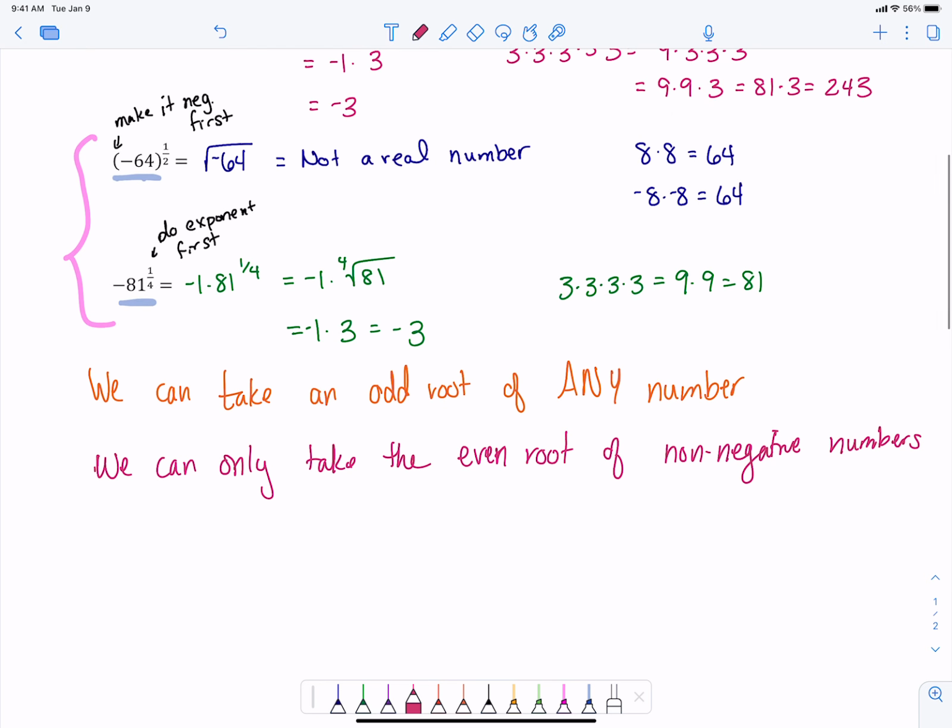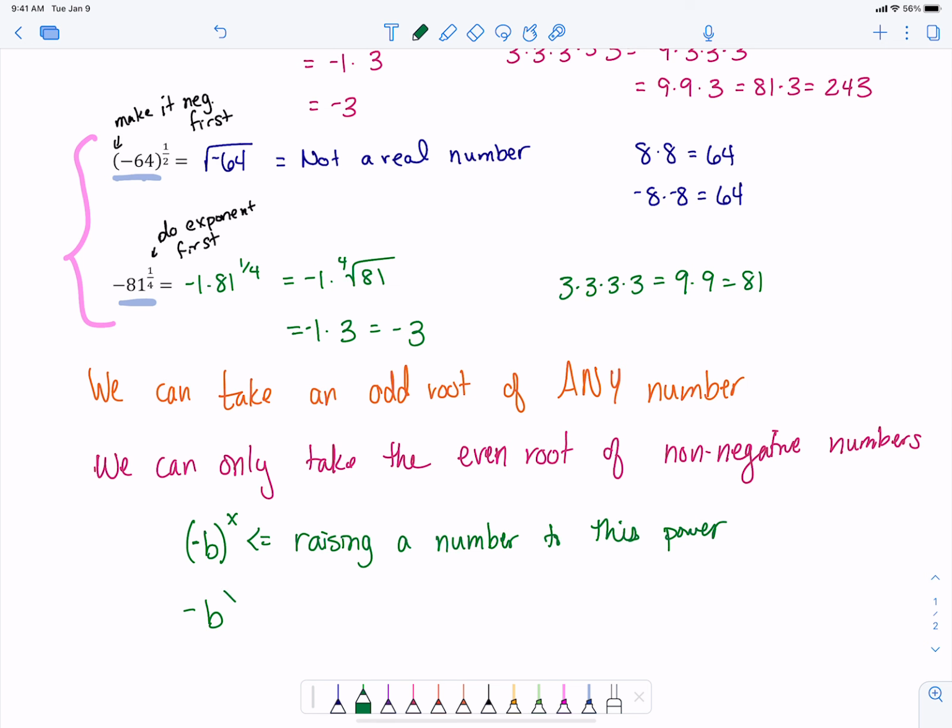And the other important takeaway from this is really the difference when we have a number inside of our parentheses. If it's got a negative in there, in the parentheses with the exponent, that is raising a negative number to this power, or taking the root of that negative number, however you need to think about it.